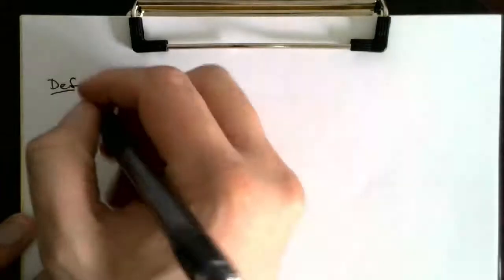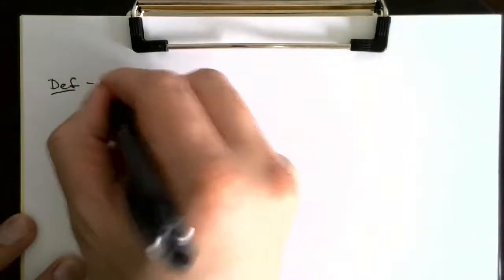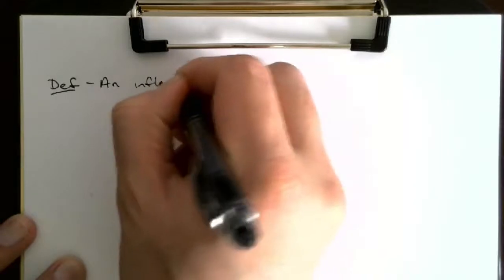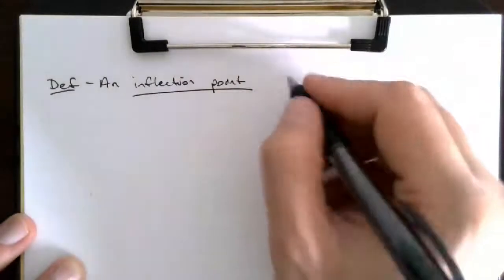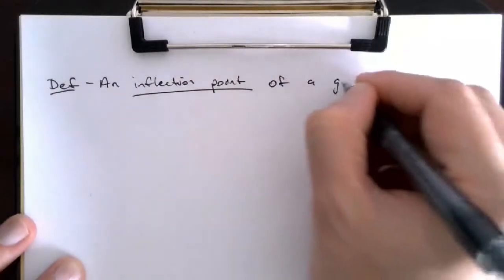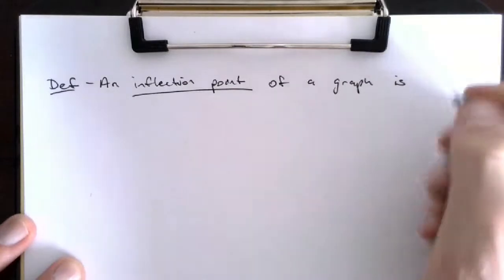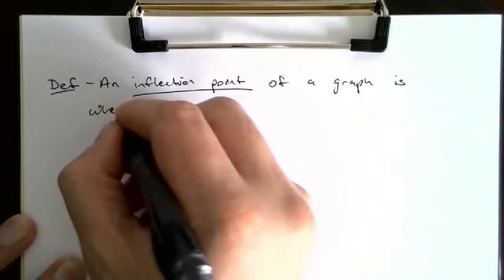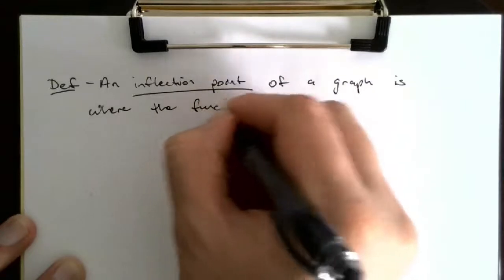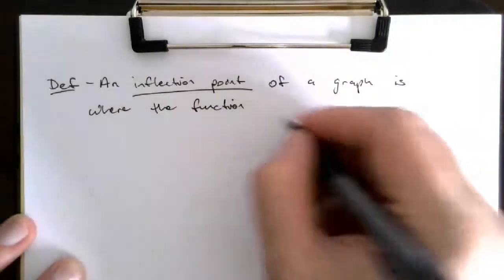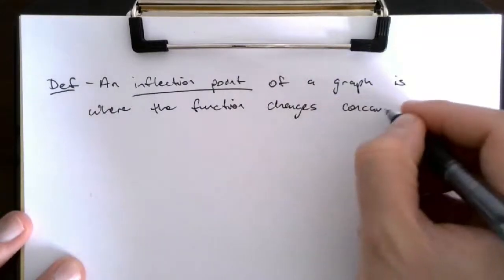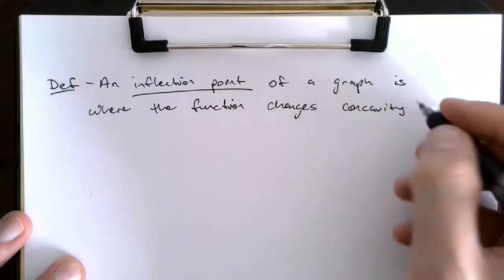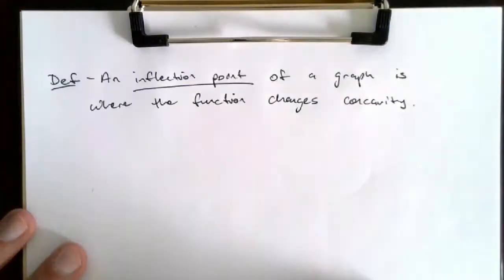So our next definition here, say an inflection point of a graph is where the function changes concavity. So when I say changes concavity, make sure you know what I mean.